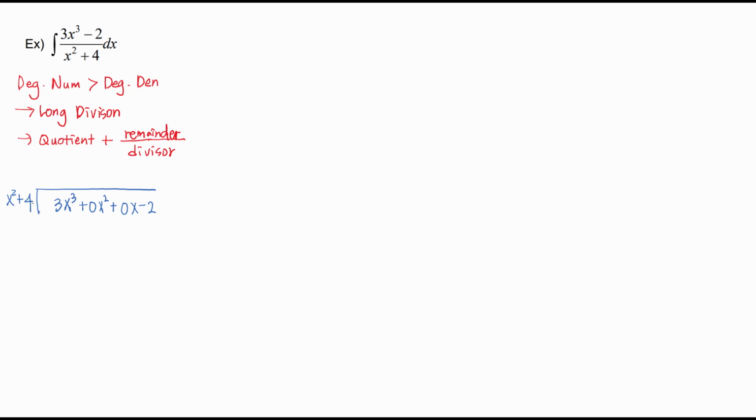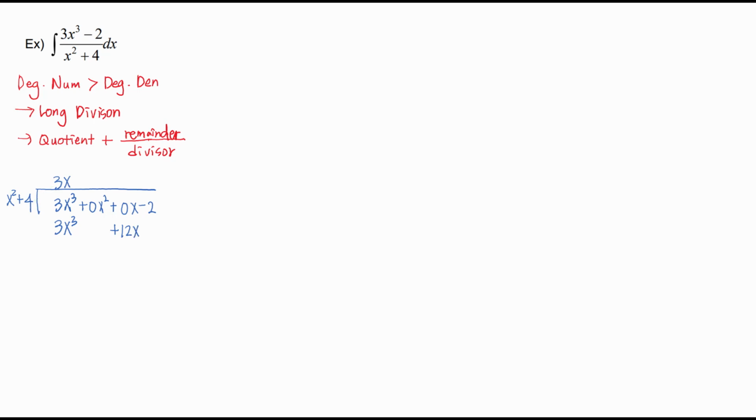So x squared times what is 3x to the third power? That would be 3x. So when you multiply, you get 3x to the third power. You multiply positive 4 times 3x, you get plus 12x.